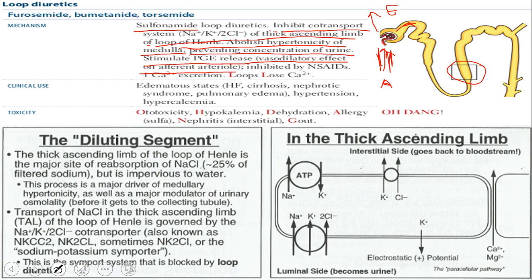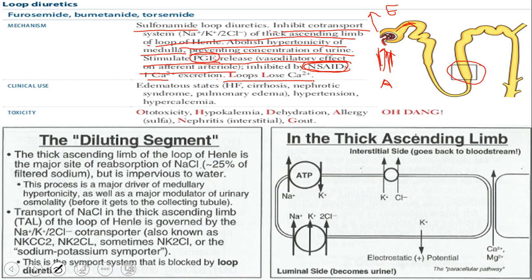It is inhibited by NSAIDs. So if you take too many NSAIDs, it actually competes with the action of these drugs, and it's going to have less effect. Maybe that's because they're prostaglandin E, not really sure. Increases calcium excretion. Just think loops lose calcium.